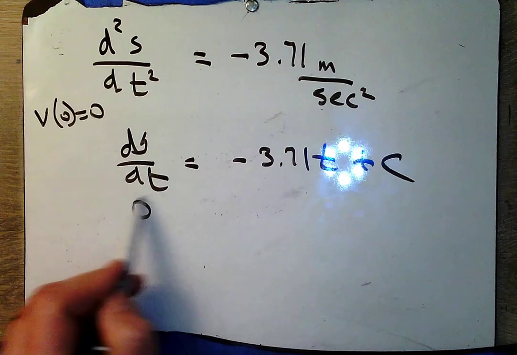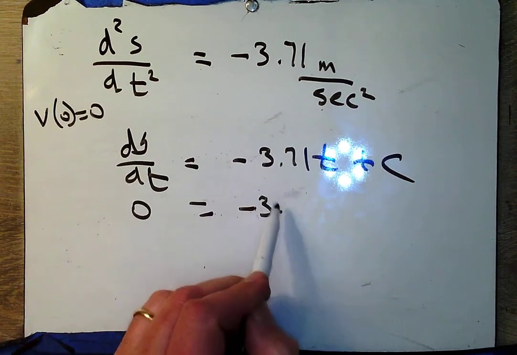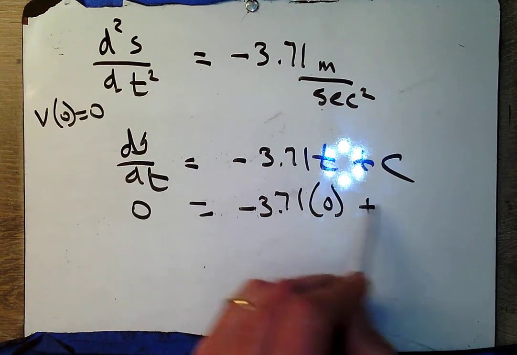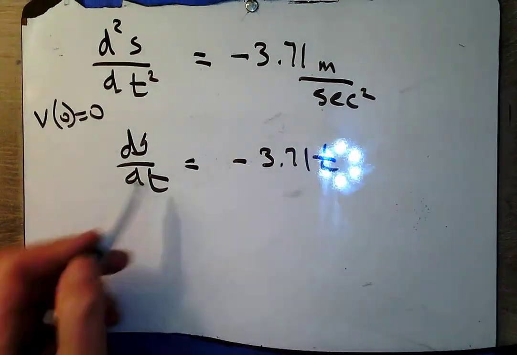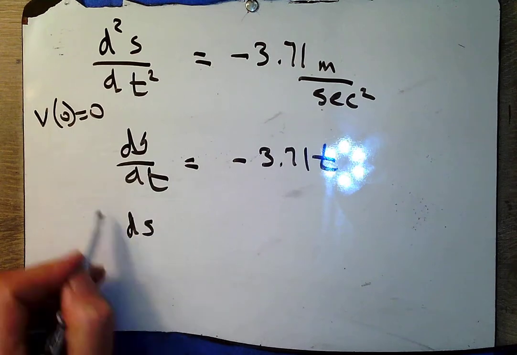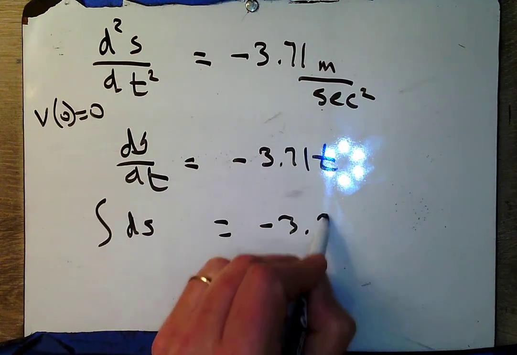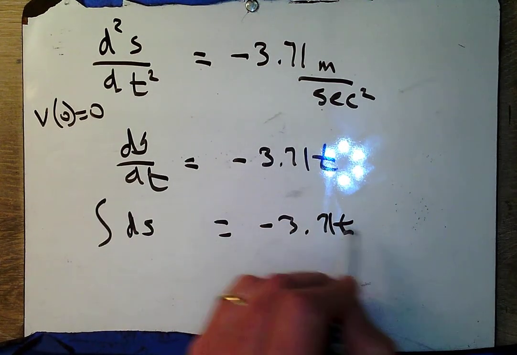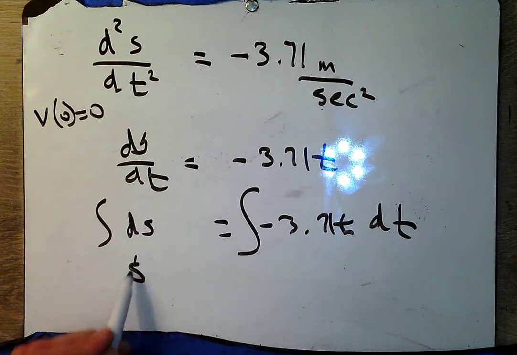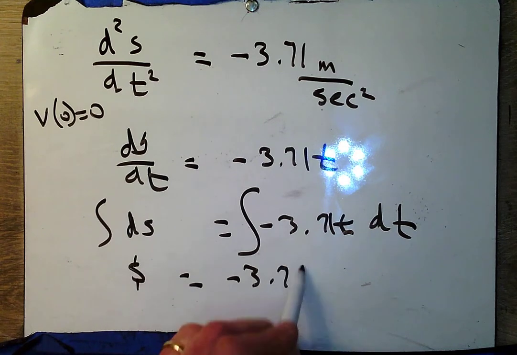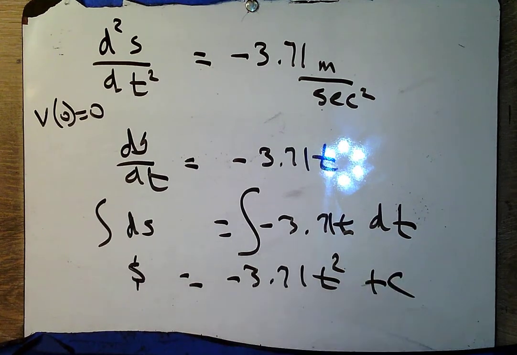So I put a 0 here, and I put a 0 here, and I get that c equals 0. Cool. So that goes away. We'll integrate a second time.